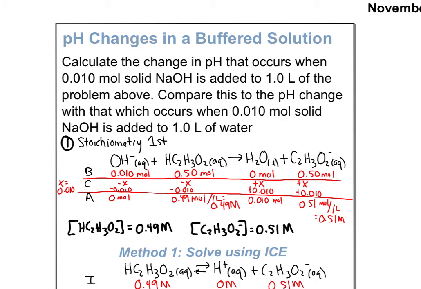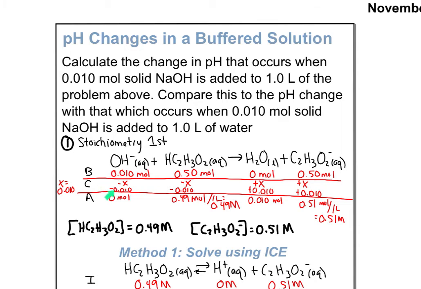We had 0.5 molar of the acetate in our buffer, and it's 1 liter, so 0.5 moles. We move towards the 0, so there's my 0, so I'm using up and making. And obviously, my hydroxide is going to be my limiting. It's a 1-to-1 ratio, so 0.01 divided by 1, 0.5 divided by 1. Obviously, that's going to be our x, 0.01 divided by 1. So that's our x for all of these, minus x, plus 0.01, plus 0.01.